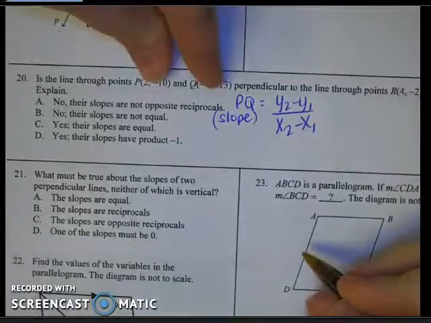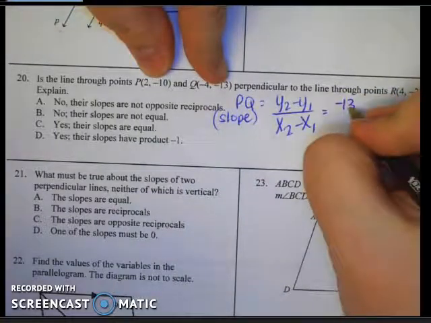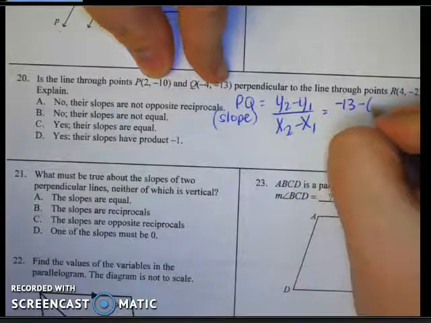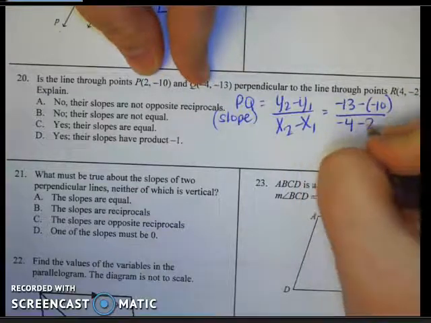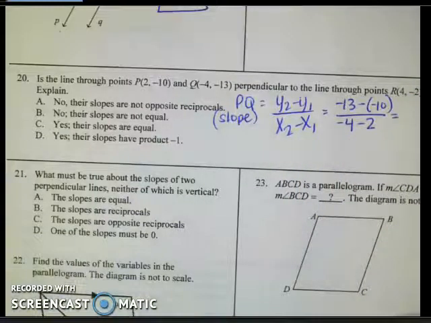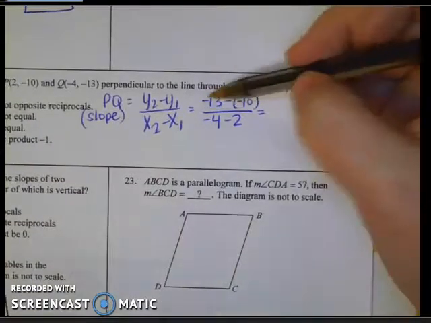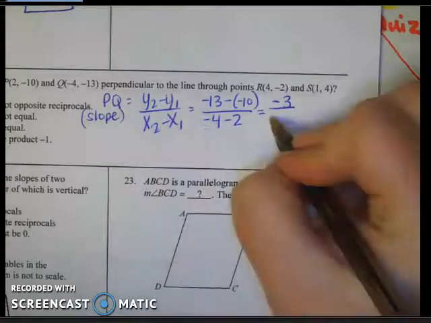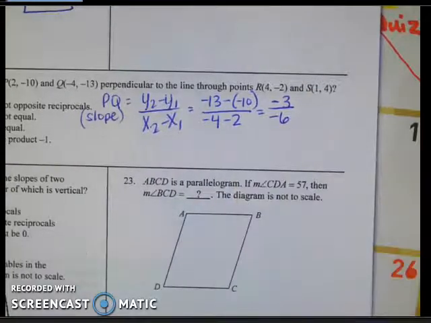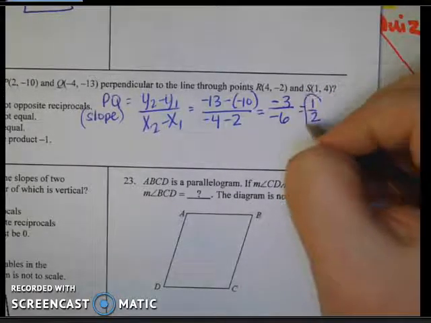So P and Q: negative 13 minus a negative 10, divided by negative 4 minus 2. Okay, negative 13 plus 10 gives me negative 3. Negative 4 minus 2 is negative 6. If I simplify this, I get a positive 1/2.